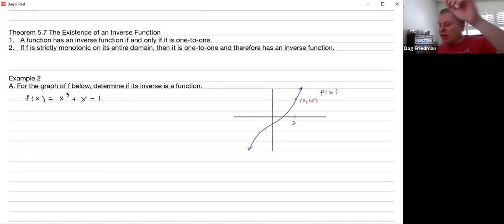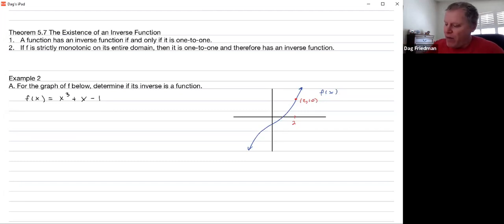So when x equals 2, there's only one output. That output is 10. It's not like there's a second output of like 7. There's only one output. That's really important. So the first part is for every domain value, there's one and only one range value.